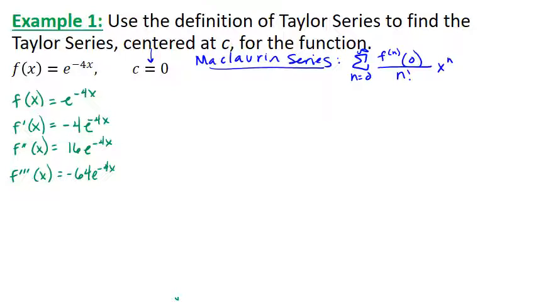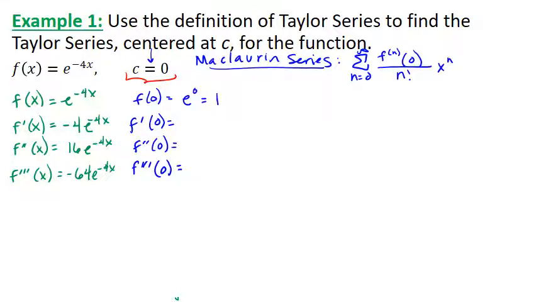Now, once you have these, you want to evaluate these at c. And in our case, c is 0. So we are going to find f of 0, then we will find f prime of 0, f double prime of 0, and f triple prime of 0. Okay, so plugging in 0 here, I have e to the negative 4 times 0, which is e to the 0, which is 1.